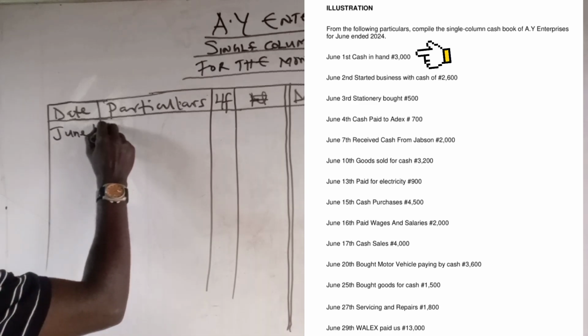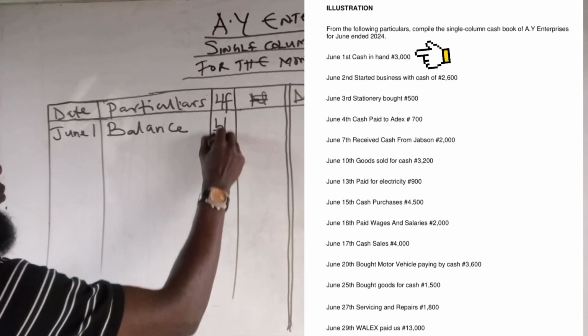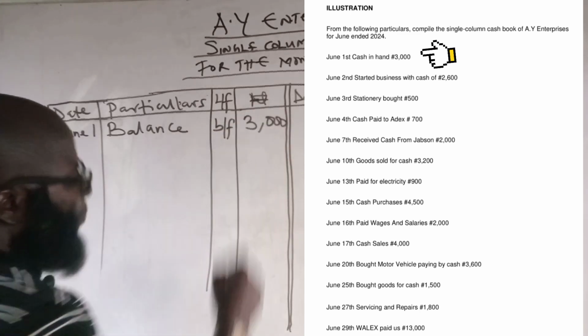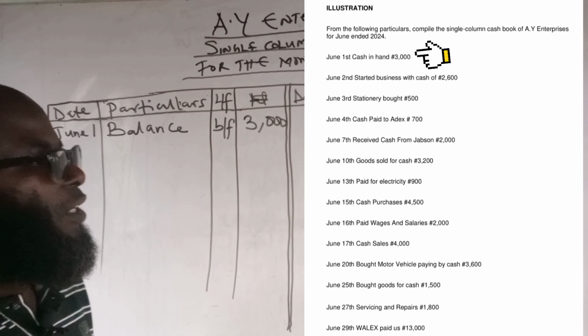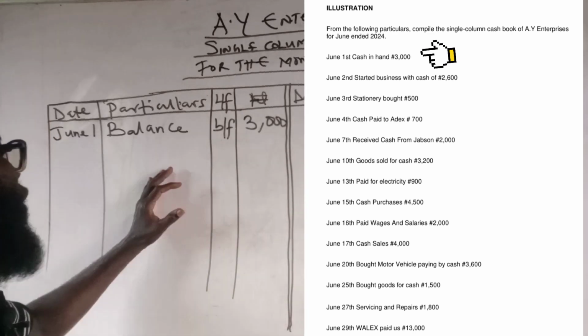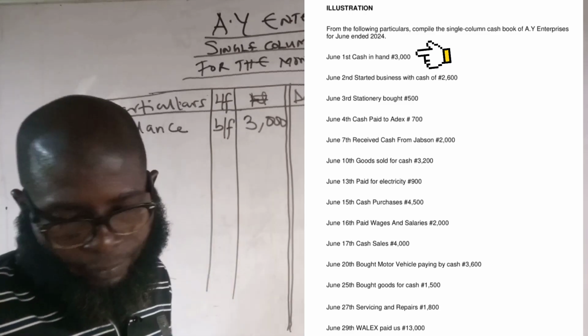Therefore, we are going to have it this way: balance brought forward. It will be 3,000 naira, all because the money still remains in the business. As a result, you are going to put it on the debit side.